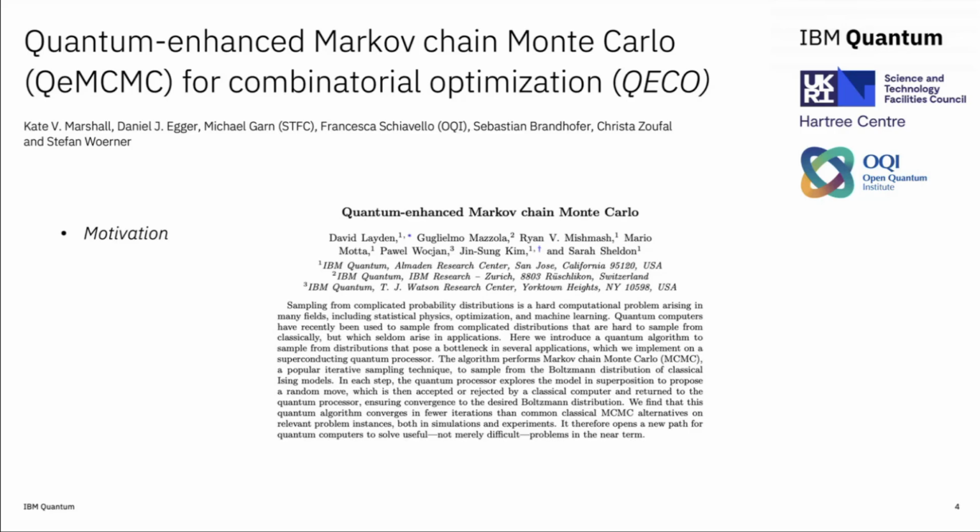It demonstrated that if you use a quantum proposal distribution for an otherwise fairly well-known classical MCMC procedure, we could achieve up to a quartic speedup in reaching a target distribution more efficiently compared to the classical equivalent of MCMC. This was specifically tested when sampling from the Boltzmann distribution of spin glasses at low temperatures in the case of the original paper. And this was a really nice result.